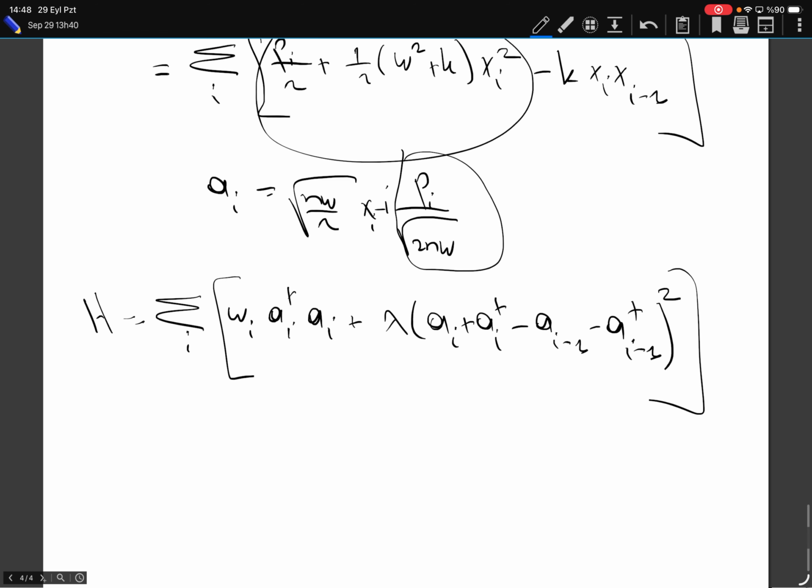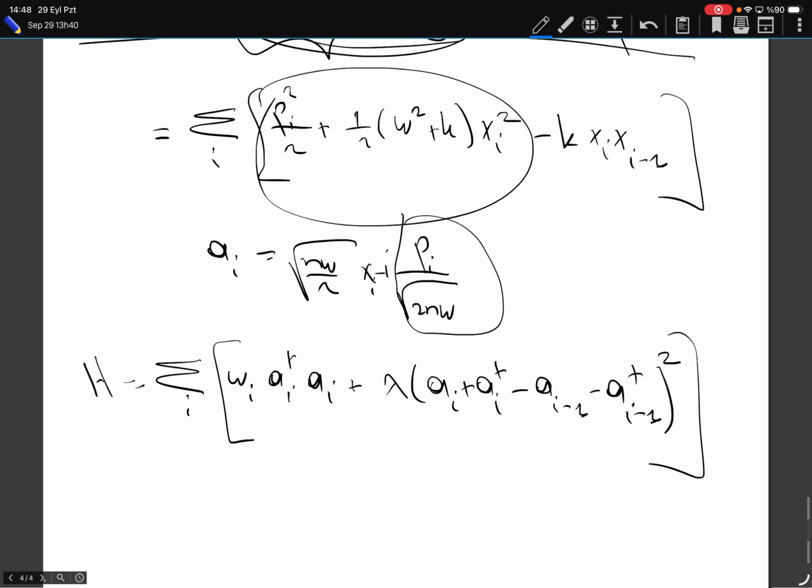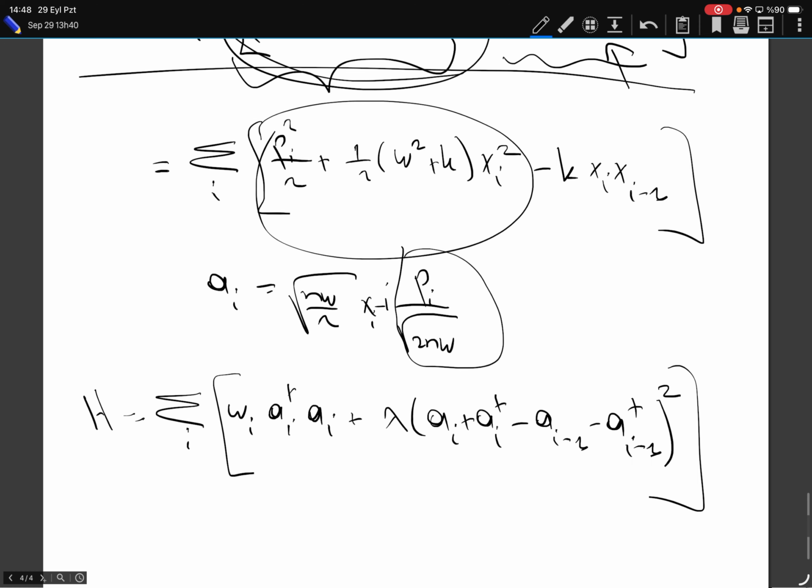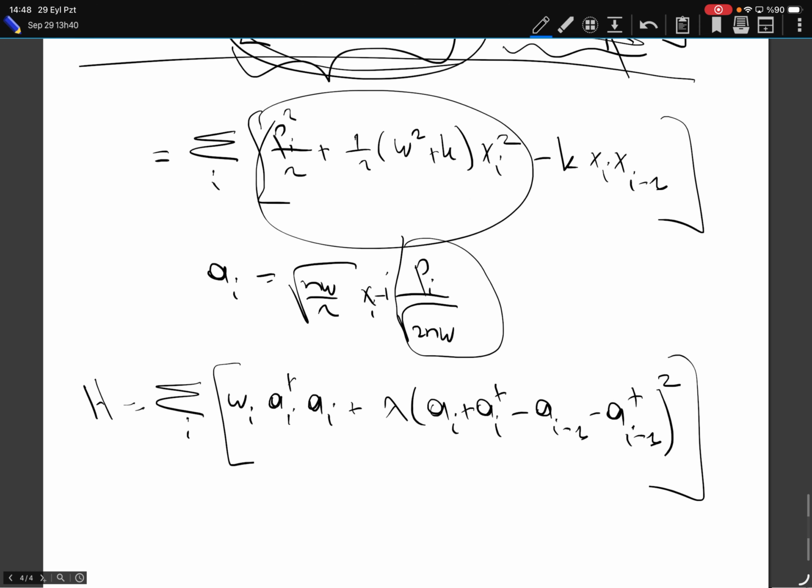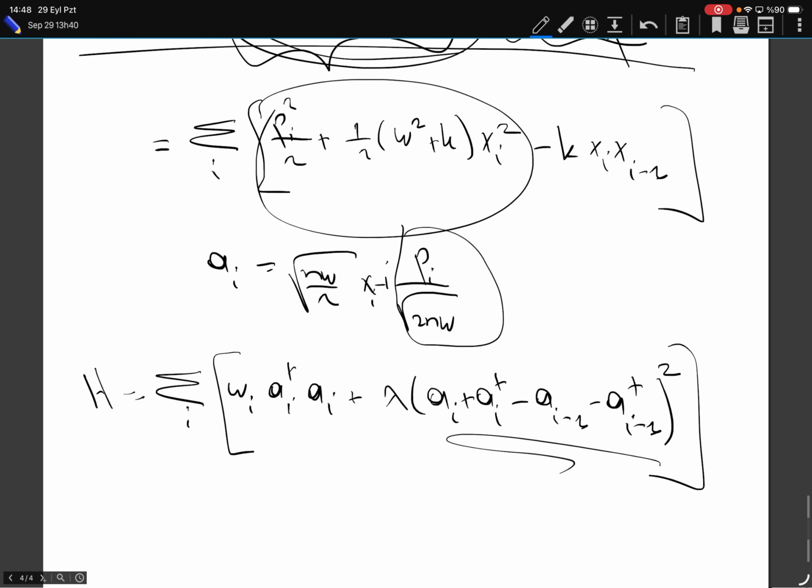Hocam, the (x_i minus x_{i-1}) squared term, where does that appear? This one. Yeah, it is this one. Because remember, x is a plus a dagger with some coefficient. I'm just too lazy to write down the coefficients. So this is my x_i. This is my x_{i-1}.